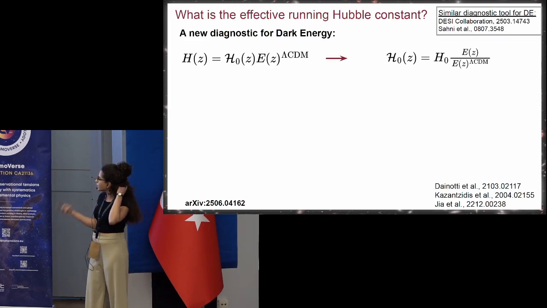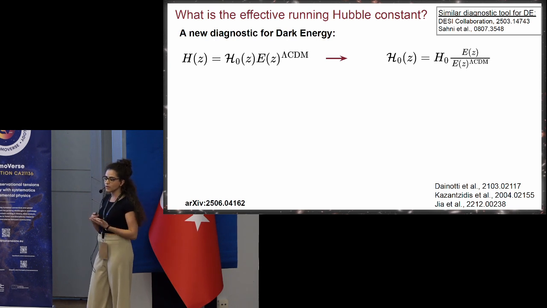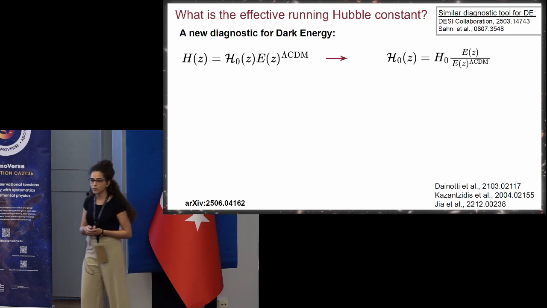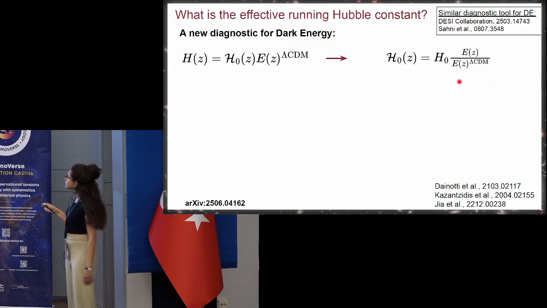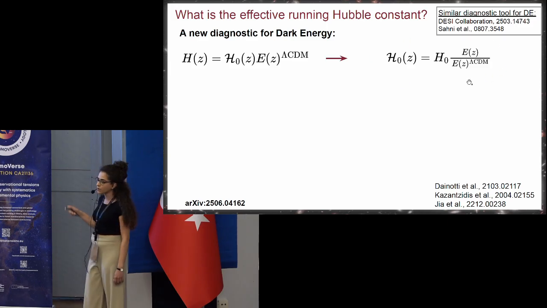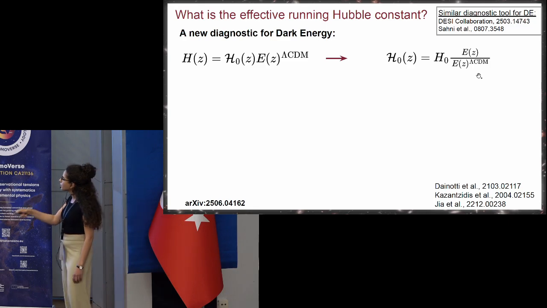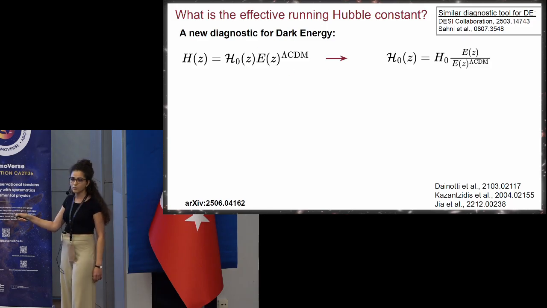So let me begin with the theory part. We defined a new diagnostic tool that is quite similar to the one defined in the supporting paper of DESI. We can start by defining the Hubble parameter as this coefficient times the Hubble rate parameter of the Lambda CDM model.